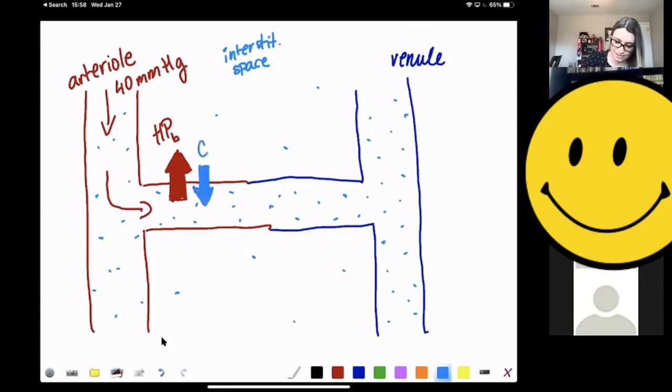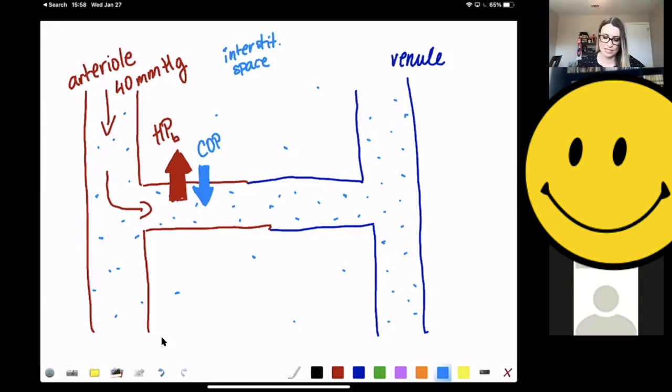So we call this colloid osmotic pressure. When you hear colloid, from now on, I want you to think about plasma proteins. So colloid osmotic pressure is the plasma proteins pulling water towards them. In this case, it's from the interstitial space back into the blood.